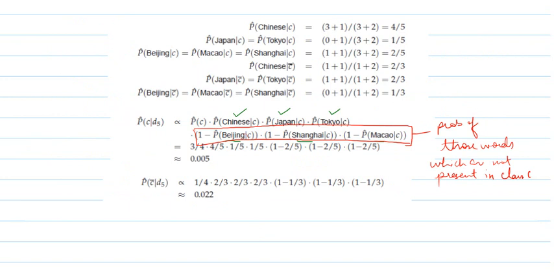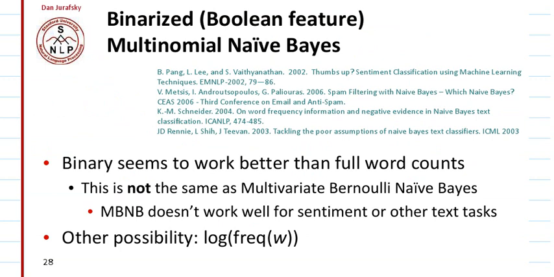It means that low presence or large presence of Chinese will not be considered in Bernoulli Naive Bayes. So that's all on multinomial and Bernoulli Naive Bayes. If you have any questions, you can ask. Then we will take up the next topic.